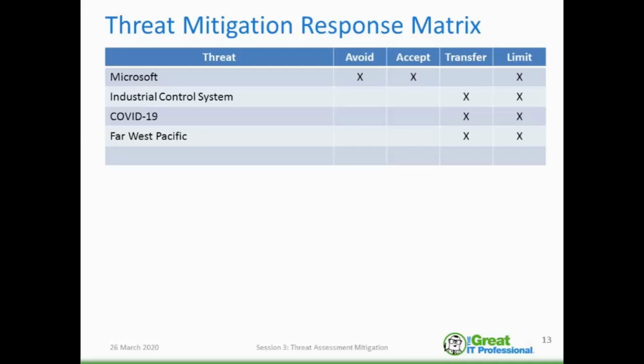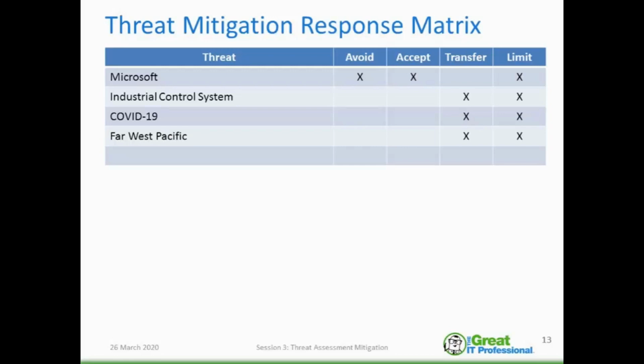So assume that one of the Microsoft threats that I want to avoid has to do with remote job execution. I'm going to avoid that because I'm going to turn off all remote job execution within my Windows 10 environment.